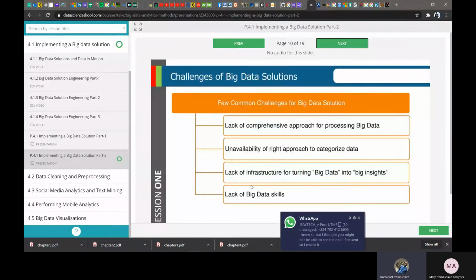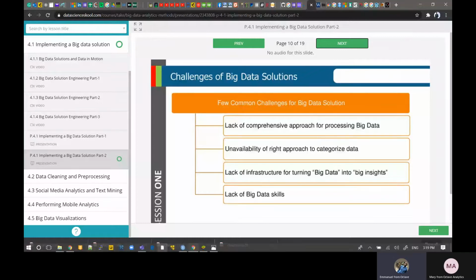I think this encompasses it all. If there is no expertise, someone that is the expert to lead the big data solution engineering, then it's a no-go area because the skills are not available to implement this solution.